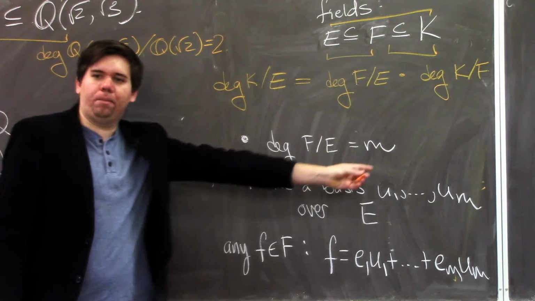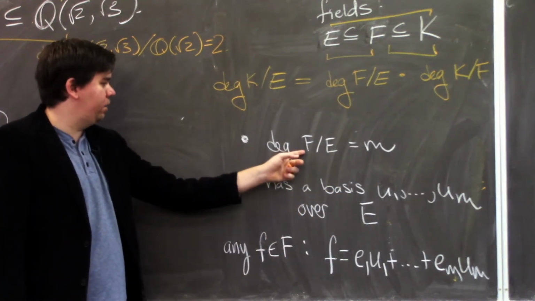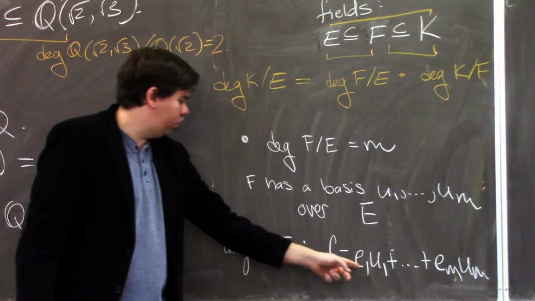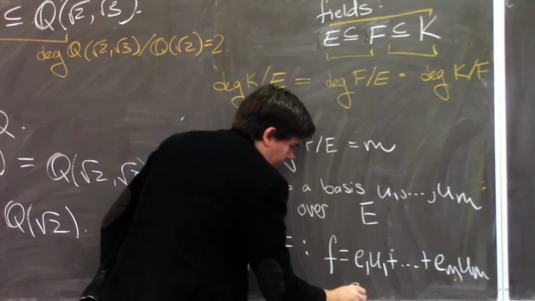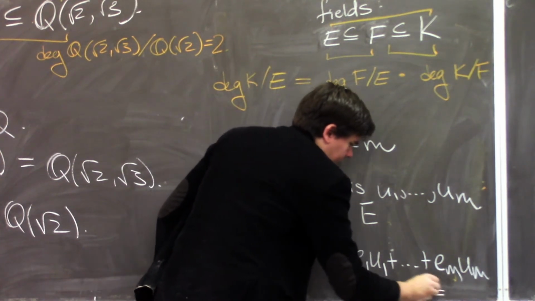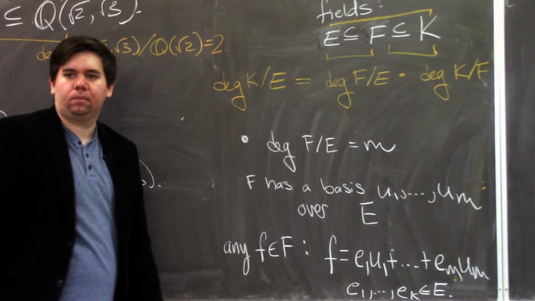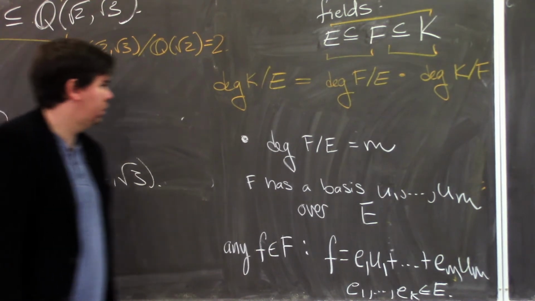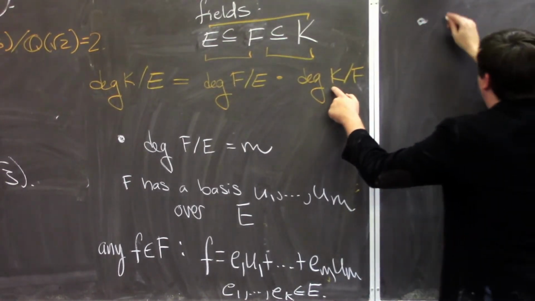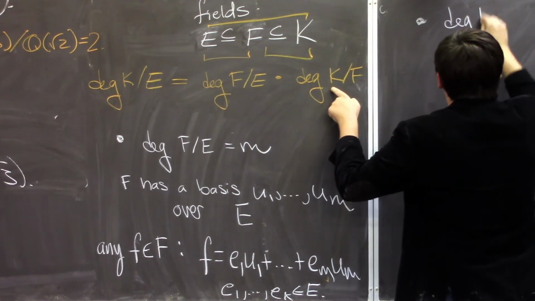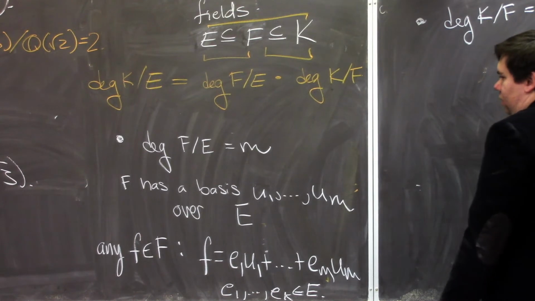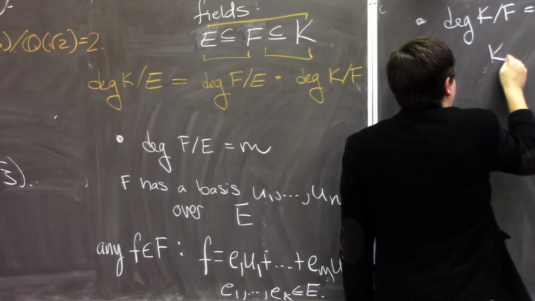That's what it means to have a basis. You can write any element of the field as a linear combination of that basis, where our coefficients, e1 through eM, are elements of E. Similarly, let's give a name to the degree of K over F. Let's say that's N. Then that's saying that K has a basis.